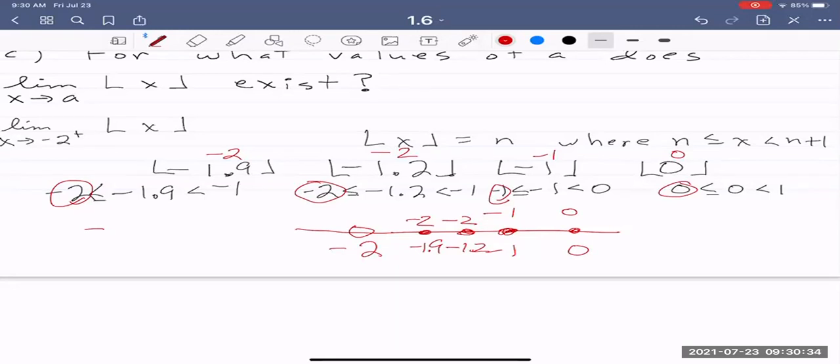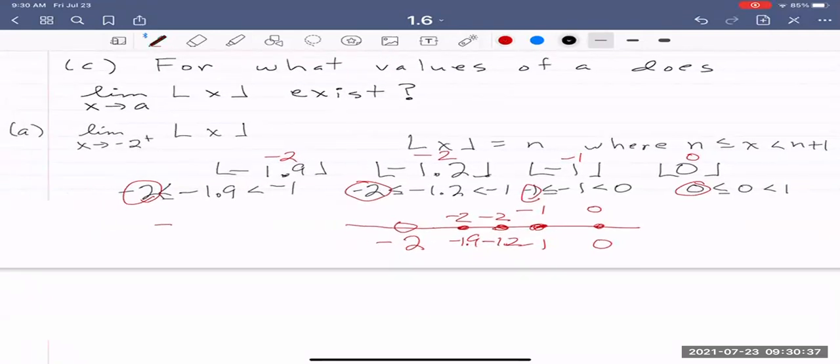So let's pick -1.99. If I take the floor of that, well, -1.99 is in between -2 and -1, so I let it equal -2. So if I look here, this limit is just -2.